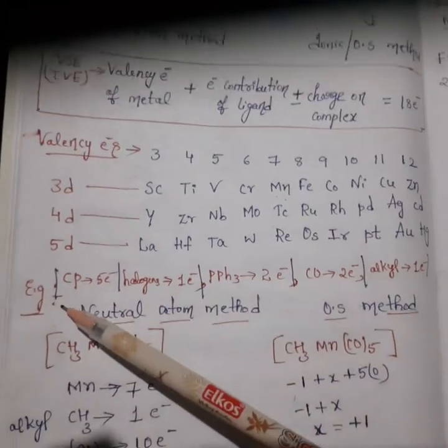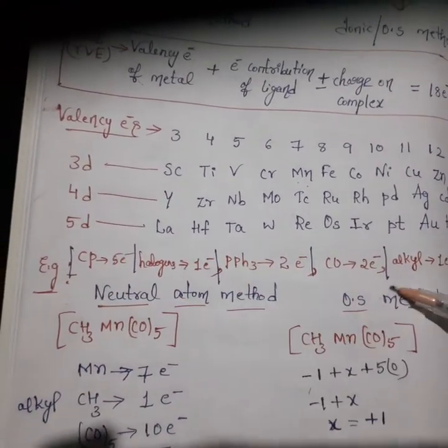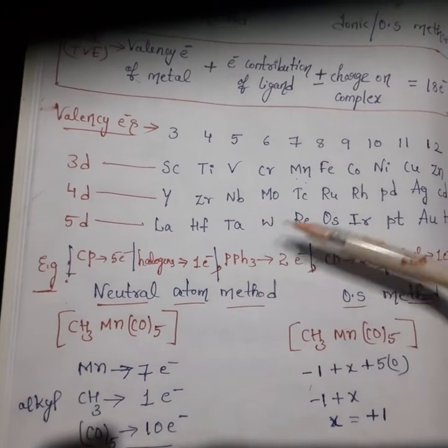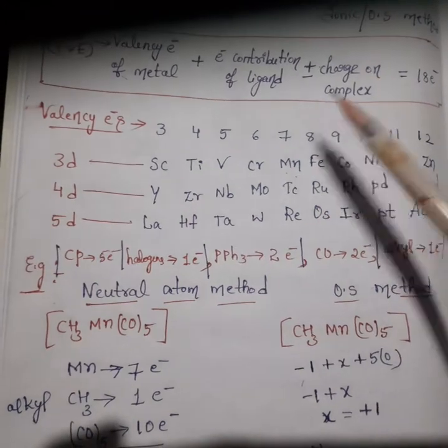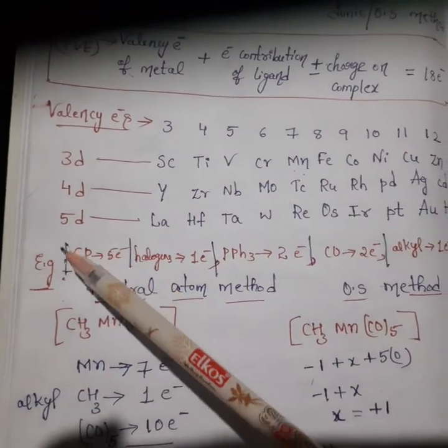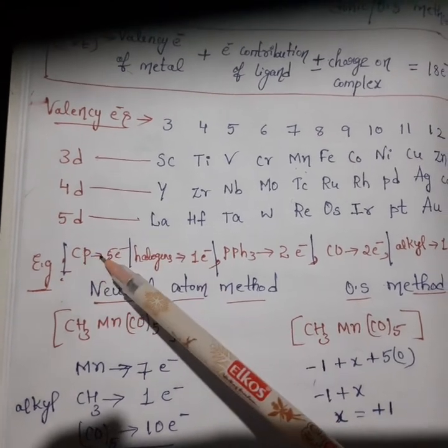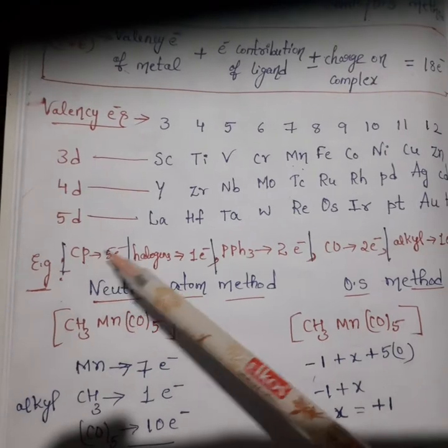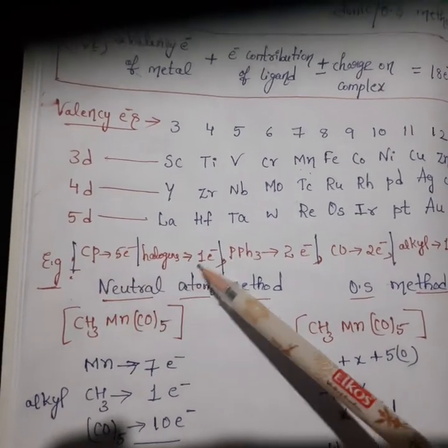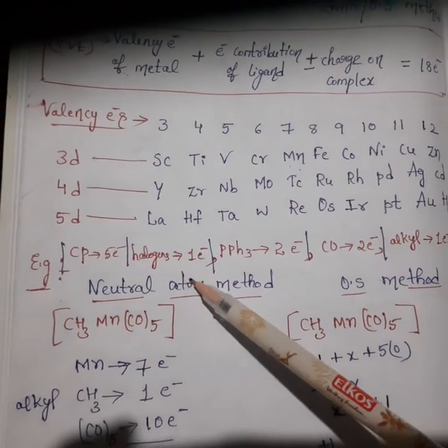Next, we have to remember this also, because these are very important to find the 18 electron count. Whatever the question may be, if you find Cp, the electron contribution by Cp is 5 electrons. Cp, P means penta, cyclopenta. Next, halogens: the electron contribution by a halogen is 1 electron.